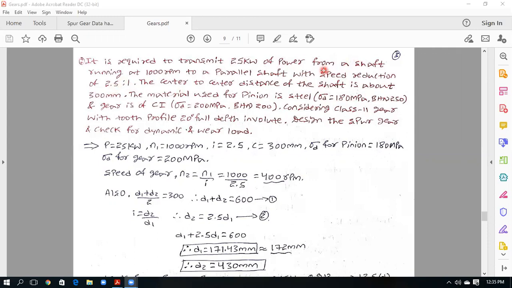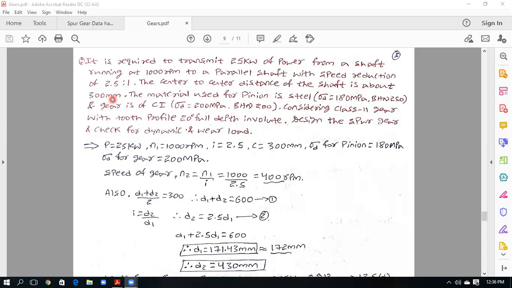This speed reduction is nothing but the speed ratio, denoted by I. It is 2.5. The center to center distance of the shafts is about 300 mm.